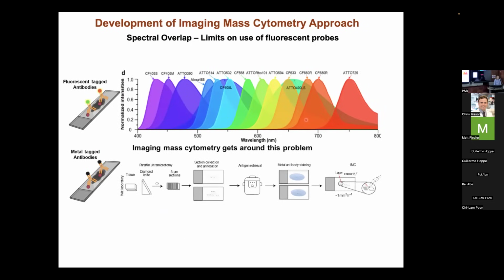So basically, this technique is called imaging mass cytometry, and the reason why this has been so valuable for us, as I mentioned, is that the liver is painfully autofluorescent, and so are a variety of other tissues that I unfortunately also have decided to study. And so this has really made fluorescent-based approaches quite painful.